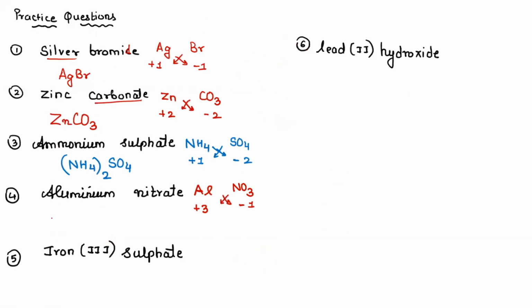So crisscross Al, and what will be the formula then, Advait? Ma'am, Al -1. But do we write 1 in our formula?